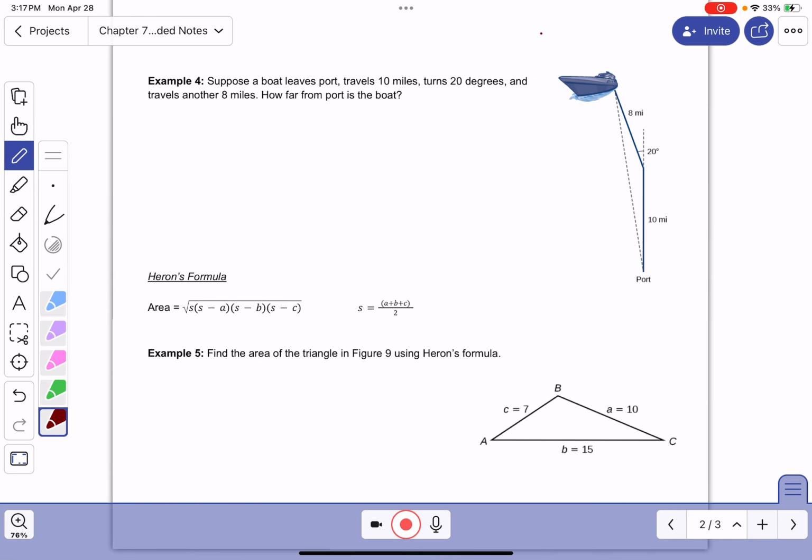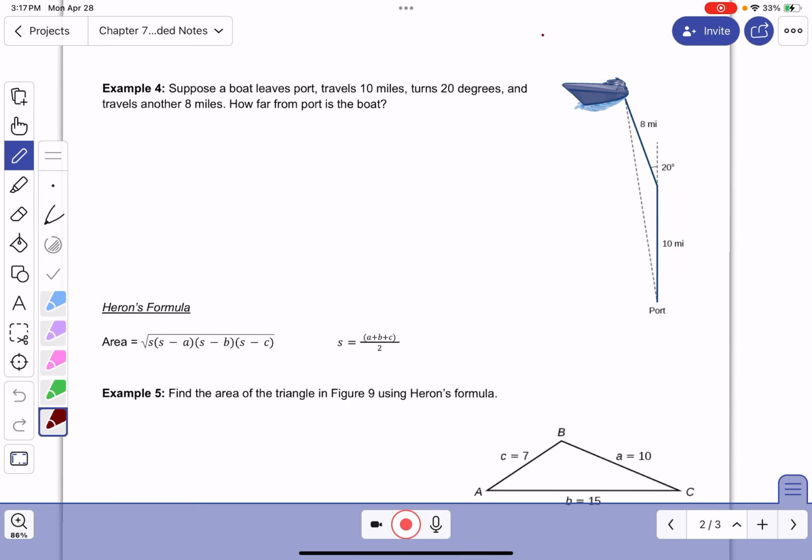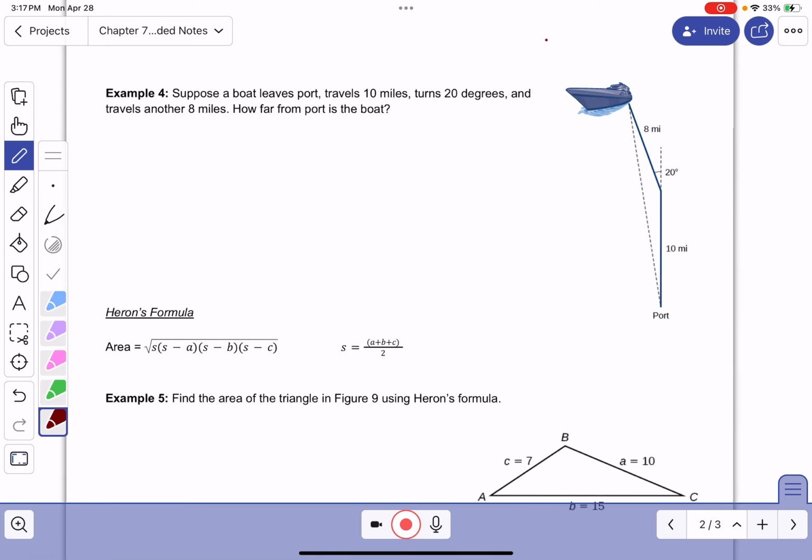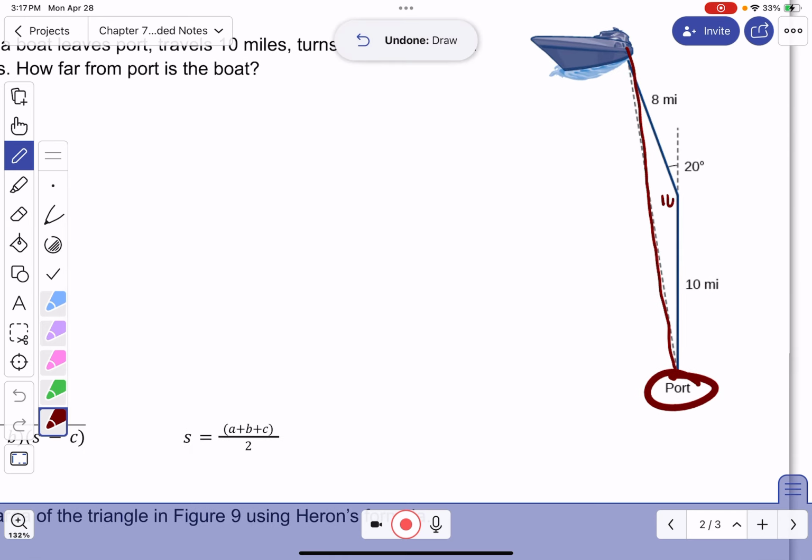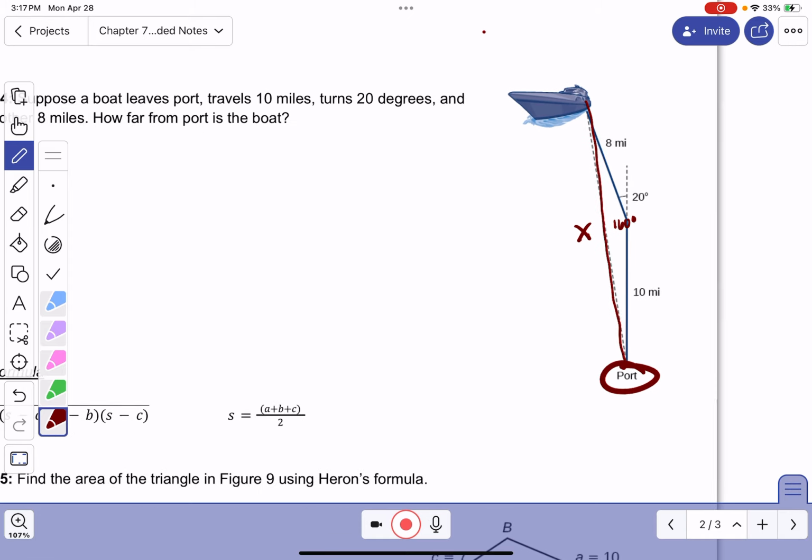And then for example 4, they give us a picture. Suppose a boat leaves port. Here's port. Travels 10 miles, turns 20 degrees east, and travels another 8 miles. How far is the boat? So we have a triangle. The only difference is they gave us this angle out here. So if a straight line is 180 degrees, if that's 20, this has to be 160. Now that we know it's 160, we're just trying to find that length of the triangle.